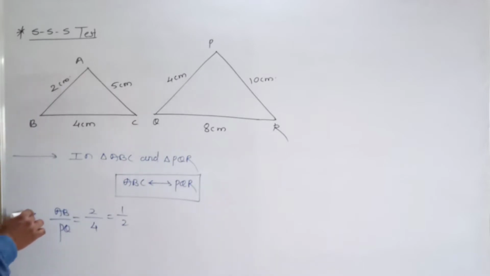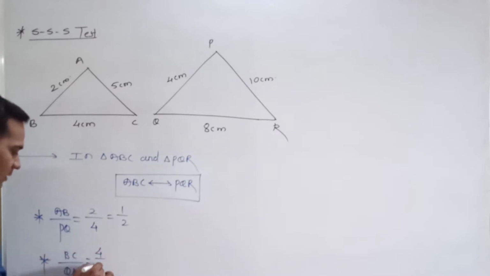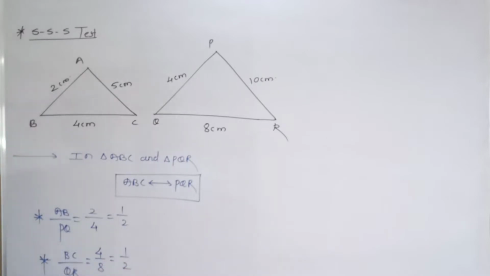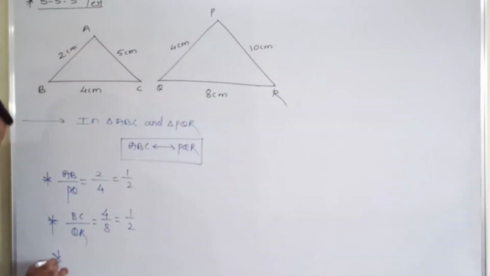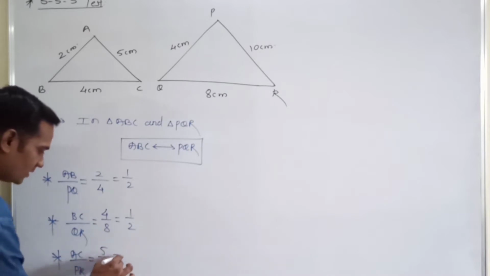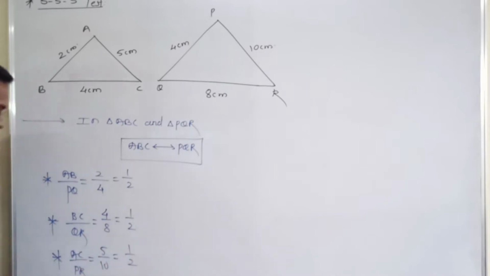This is the first ratio of corresponding sides. The second ratio, BC upon QR, is 4 upon 8. Again 4 ones are 4, 4 twos are 8. And the last ratio, AC upon PR, is 5 upon 10. Again 5 ones are 5, 5 twos are 10.